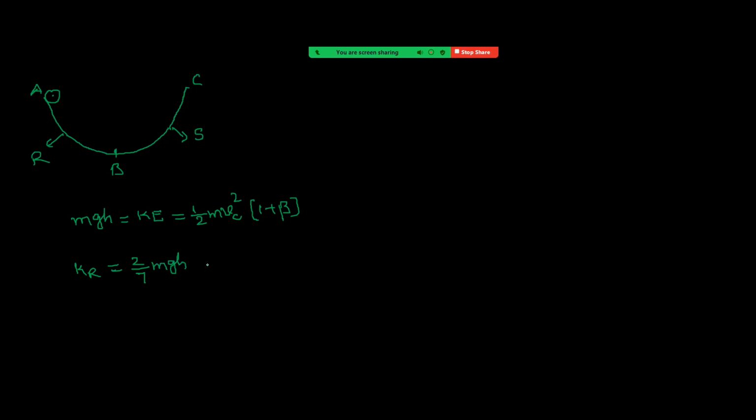See carefully. I want to calculate half m vcm square into beta value. This total value is half m vcm square into 1 plus 2 by 5, that is 7 by 5, right? I am writing here the ratio of rotational kinetic energy to translation kinetic energy. See ratio, rotation it is beta, translation it is only 1.